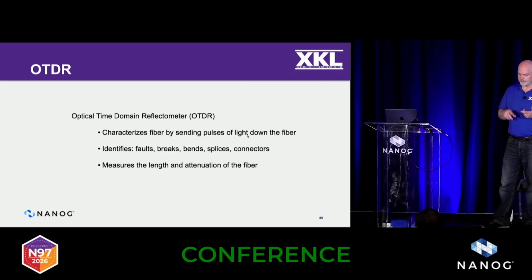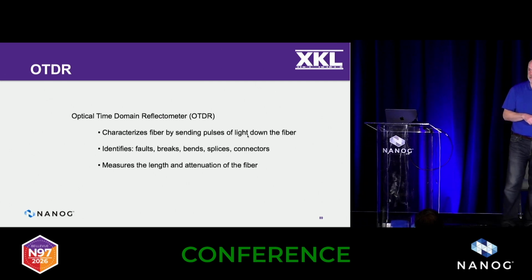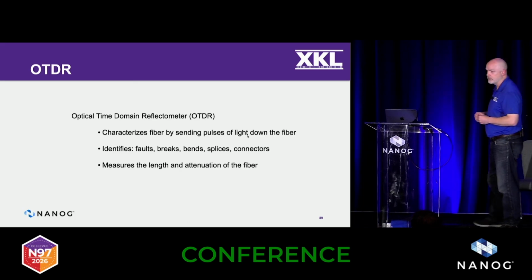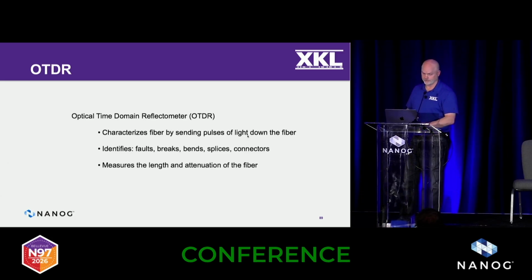It identifies faults, breaks, bends. Yes, it can identify bends, splices, problems, connector problems, all the stuff that's happening. And in doing all of this, it's going to be able to tell you the attenuation of the glass and the length of the glass.